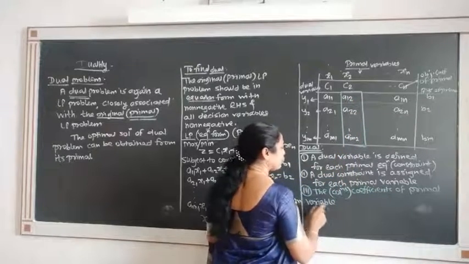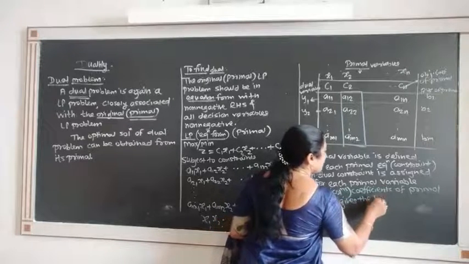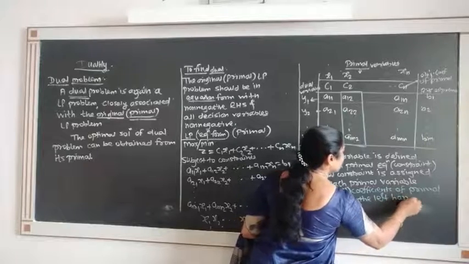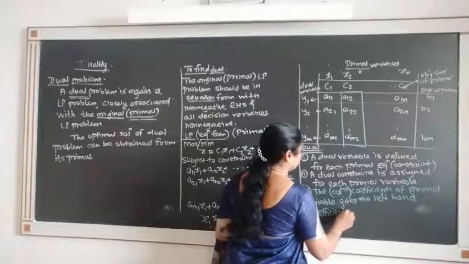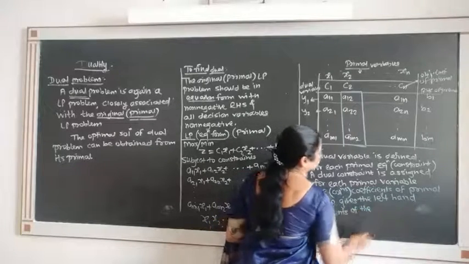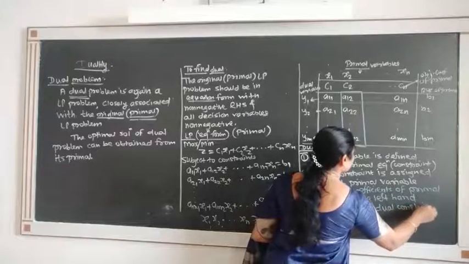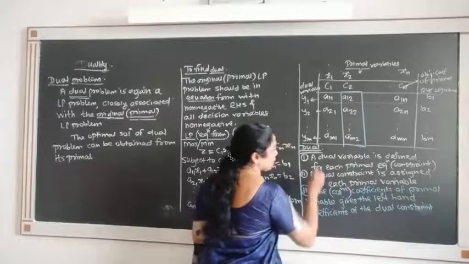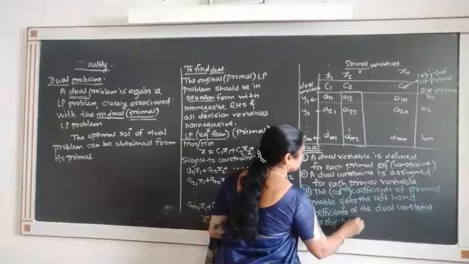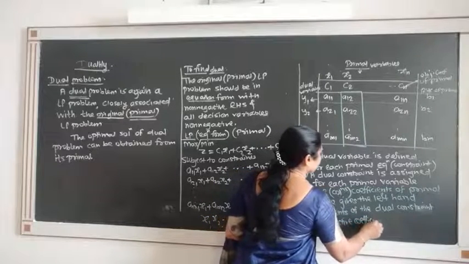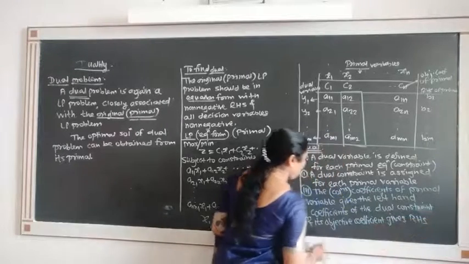So the column coefficients of the primal variable give the left hand coefficients of the dual constraint, and its objective coefficient gives the right hand side of the constraint.